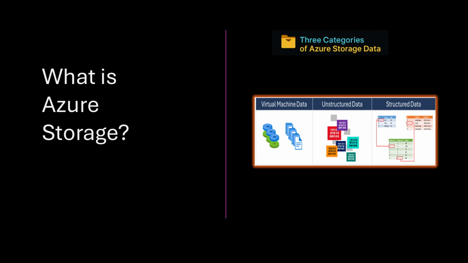Finally, there's structured data, which fits neatly into tables with rows and columns. Think of traditional databases. You can store this data in Azure Table Storage, Azure Cosmos DB, or Azure SQL Database, depending on whether your app needs NoSQL flexibility or relational consistency.